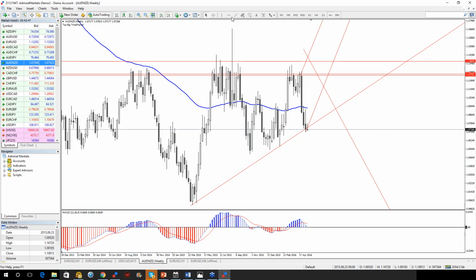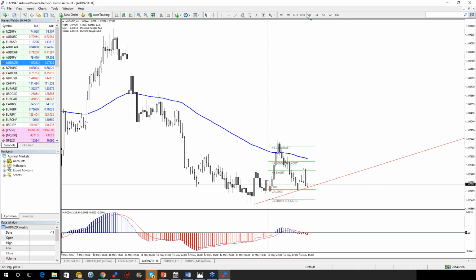See? And this is the level to buy, but it will not happen soon. I think I will place a pending order here to buy. So this is Australian dollar New Zealand 1 hour head and shoulders.